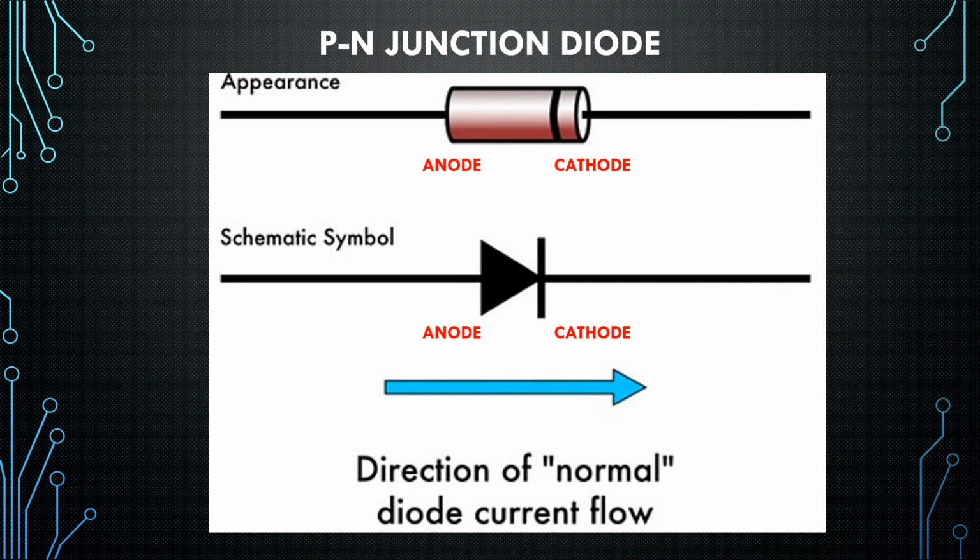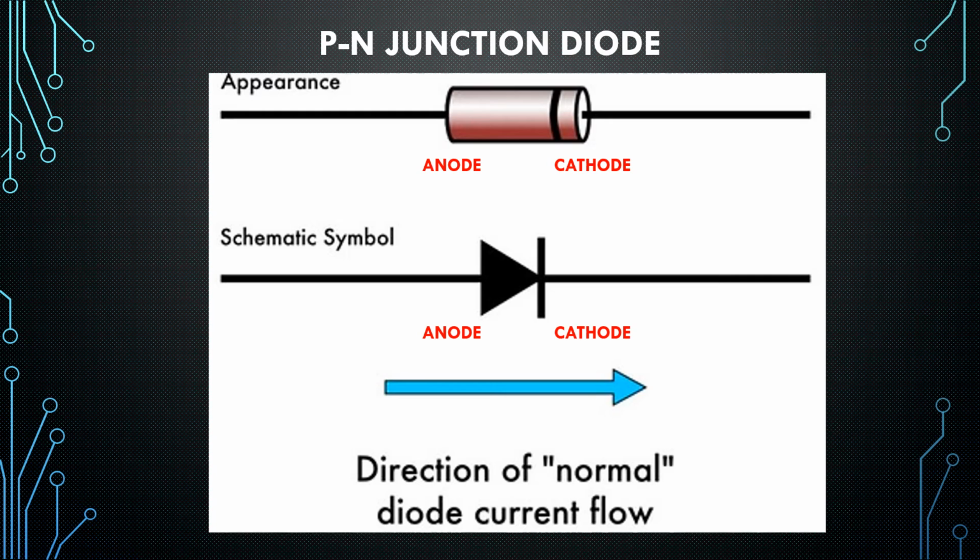Diodes usually come in glass or plastic cylindrical packages marked with a stripe on one side to indicate polarity. In a perfectly ideal diode, the current flows in one direction only, from the anode, the positive side, to the cathode, which is the negative side, and is marked with a stripe.